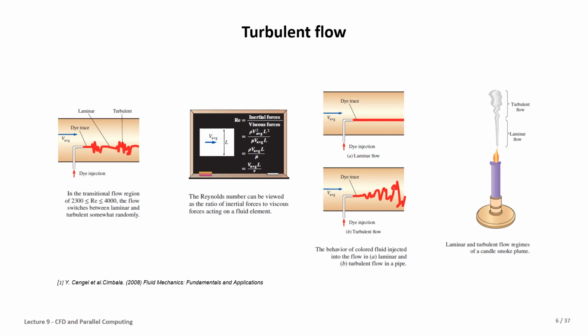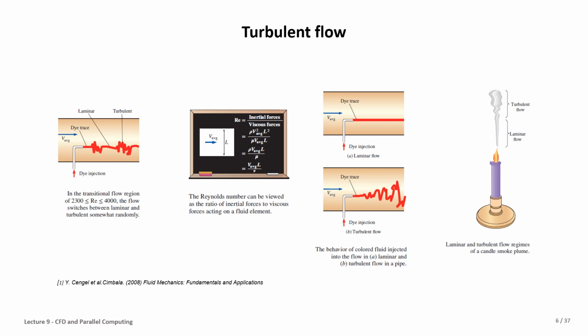To specify the range of the turbulent flow, there is a non-dimensional number called the Reynolds number, which is defined as the inertial force over the viscous force. This non-dimensional number is used to specify whether the flow is in the turbulent regime or the laminar regime.